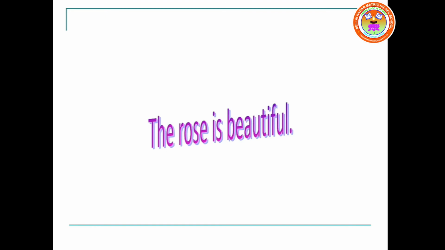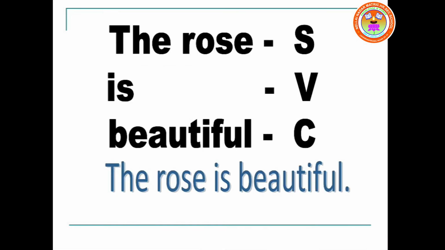Next sentence, the rose is beautiful. The rose is the subject. Is the linking verb. Beautiful comes after the linking verb is. So, beautiful is the complement. SVC is the pattern of this sentence.